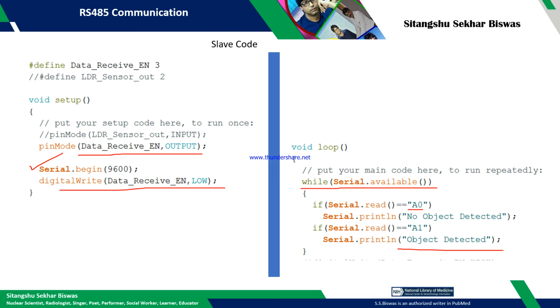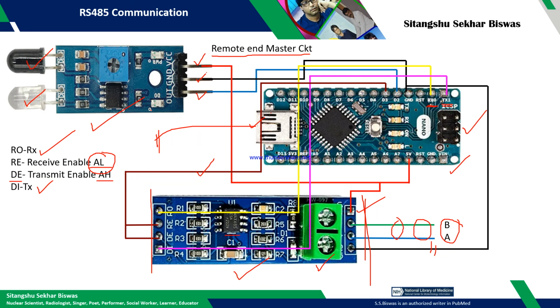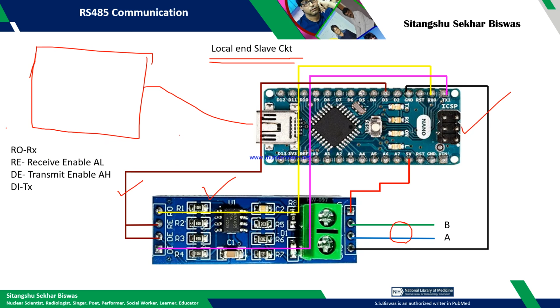So this code is to be uploaded in this controller, and this controller will be connected to your laptop to see the status. Now in the remote end controller, if you place any object here, then you can see the result here in the serial port. So I hope this is a very simple concept of end-to-end communication using the RS-485 protocol.